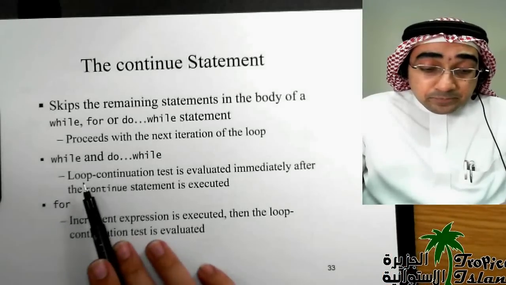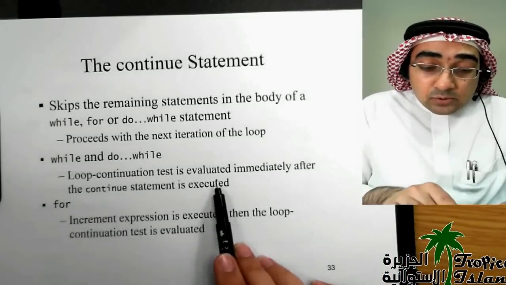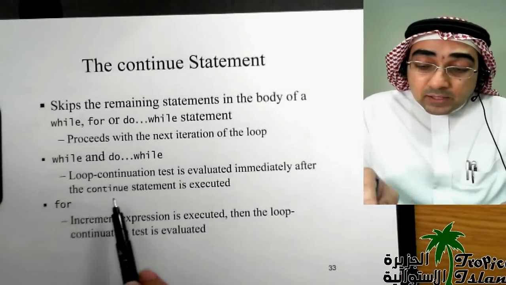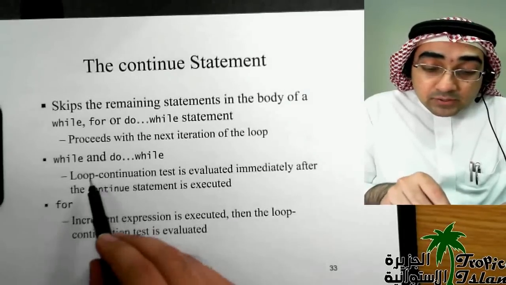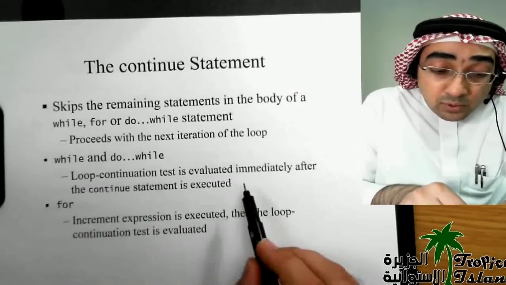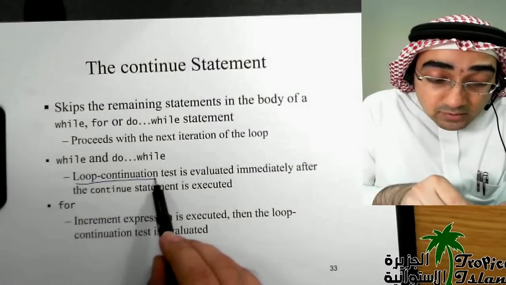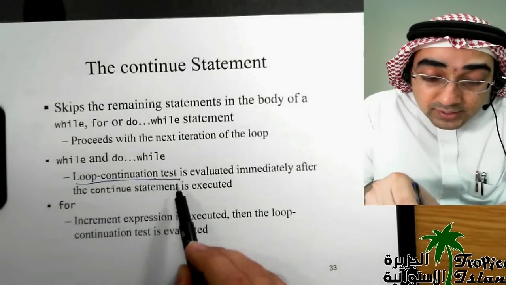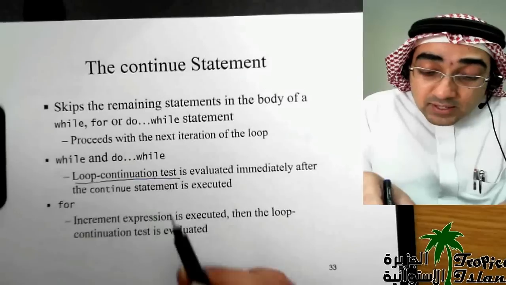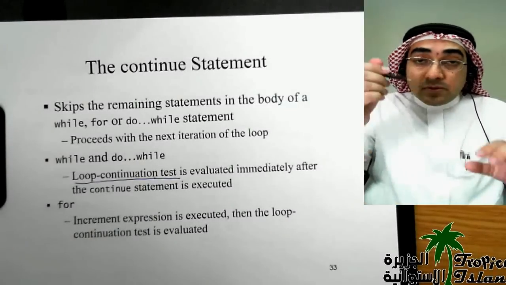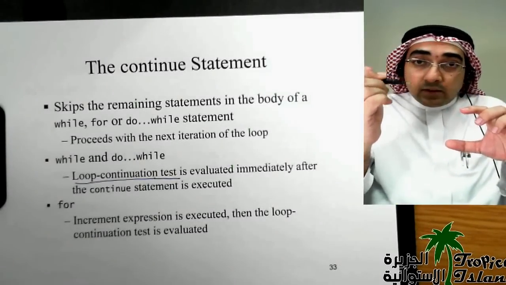In while and do while loops, the continue test is evaluated immediately after the continue statement is executed. So in the while and do while, the loop test, the condition, is evaluated immediately after the continue. You go back to the test, you test, and you go back in.